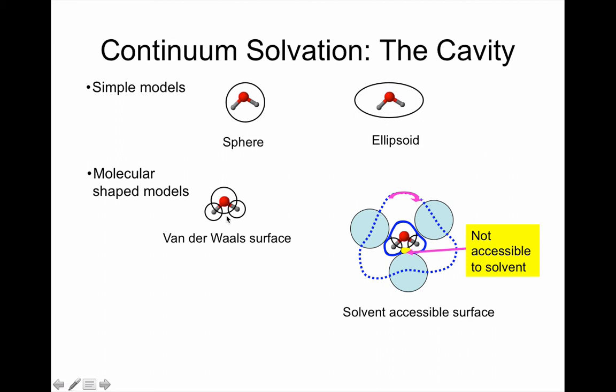So we can refine the van der Waals surface by introducing a solvent molecule in terms of a solvent probe, and then we can roll this solvent probe on the van der Waals surface, thereby creating this more smooth surface, and also a surface which excludes parts of space which are not accessible to the solvent. This is what we call a solvent accessible surface, and this is probably the most used way of creating the cavity in modern computations.